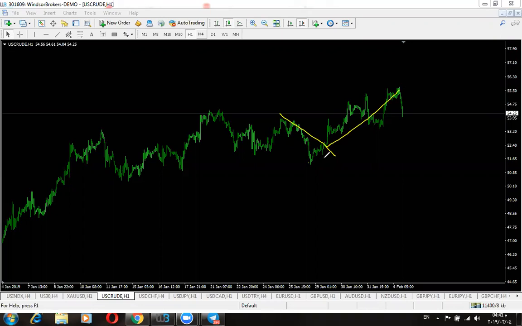This was a very high opportunity trade. At the current price, we have to show some patience so that everything is clear.